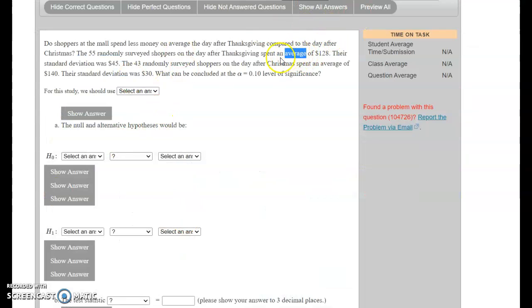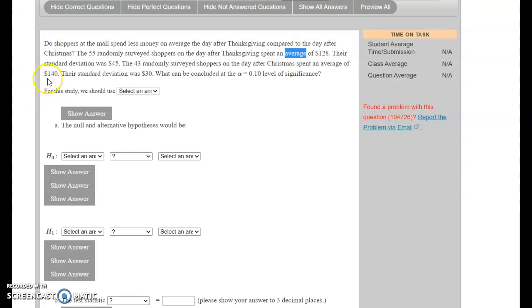Okay, so we know that we're really having to focus on, are we talking about a z-test or a t-test? And that distinction between the two of those is, where does the standard deviation come from? Does the standard deviation come from a tiny little sample, or does the standard deviation come from something bigger?